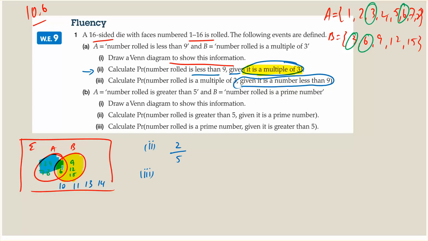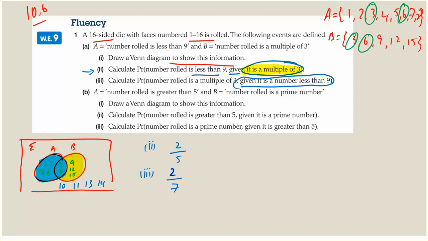And there's 2, 4, 6, 7 numbers there. Given A, 7 numbers. Out of 7 numbers, we can see that only 2 out of 7. Okay. The big part is the total, because our total depends on what's given to us, what information we know that reduces our sample size.